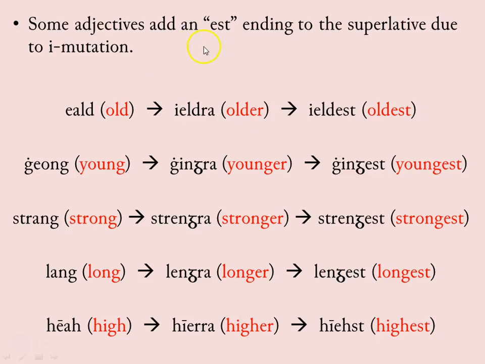Some adjectives add an est ending to the superlative due to I mutation. Instead of the ost, it's now est, and this is due to I mutation.